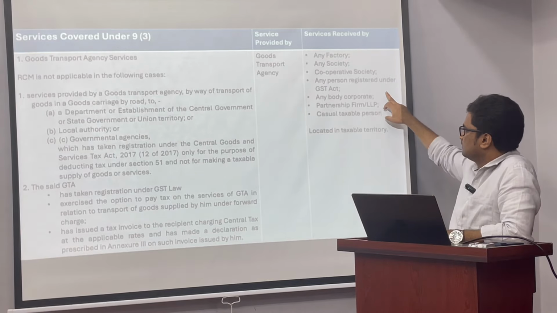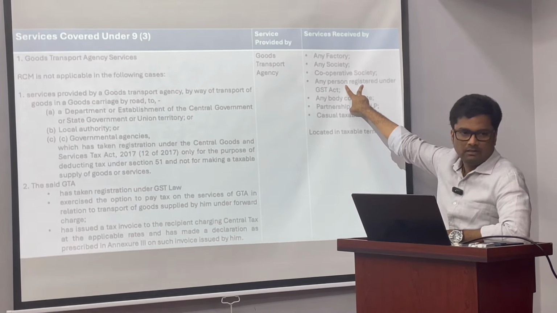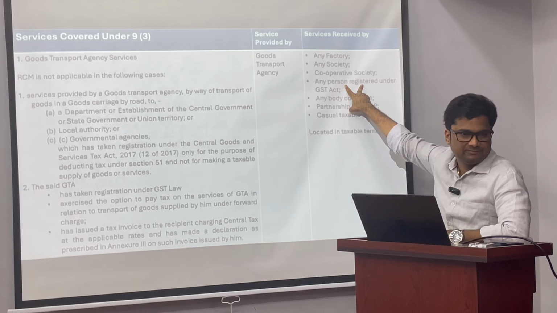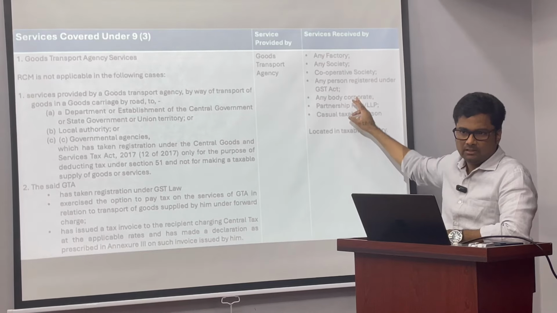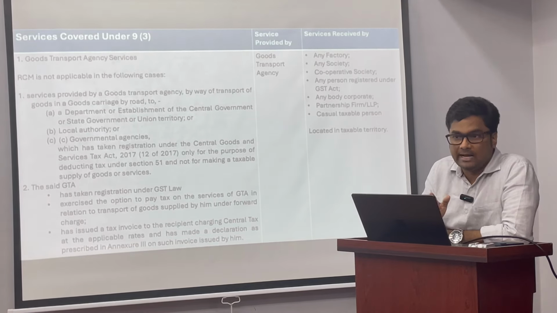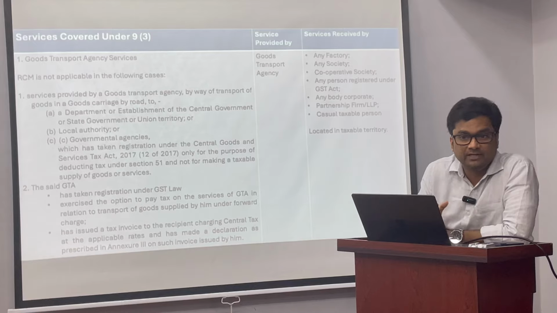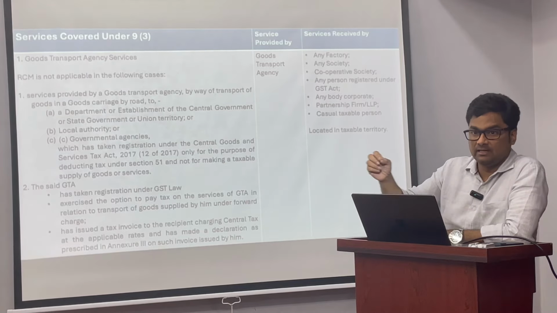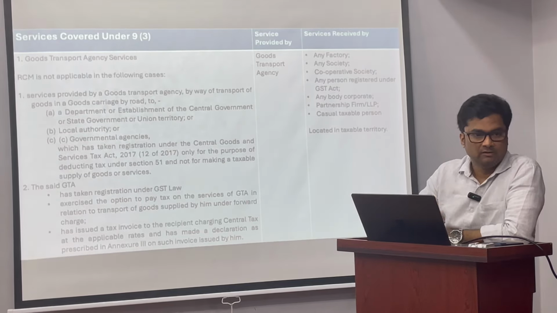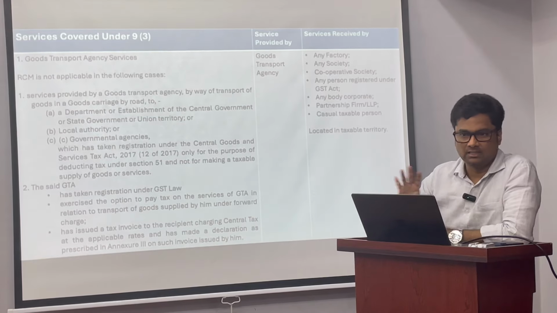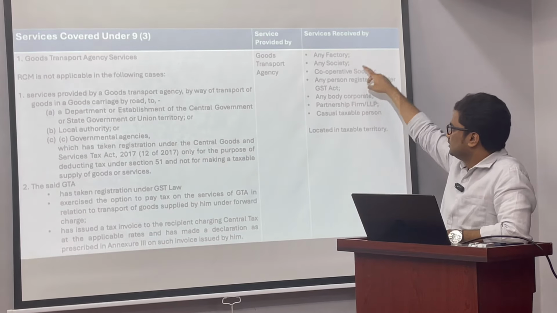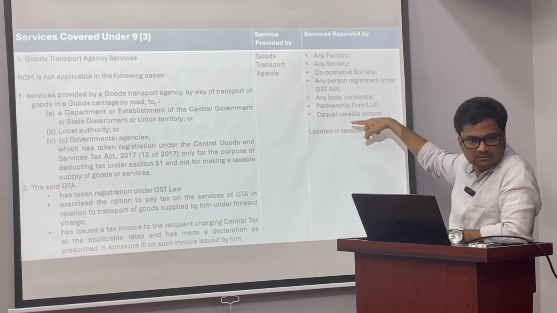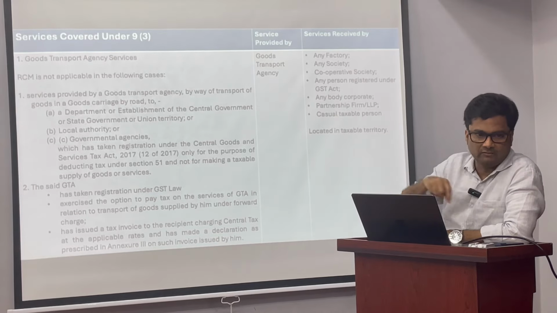Second case, you are an unregistered person. Transporting your household items while you are shifting your home, you are engaging Agarwal Packers and Movers, VRL Logistics, Kranti Transport, Navaratna Transport. Correct. Are you falling in any of this? Now they have to pay under forward charge mechanism.